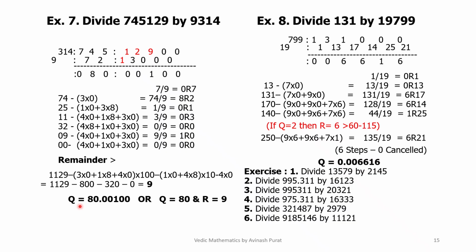So the quotient is 80.00009, or the quotient is 8 and the remainder is 9.